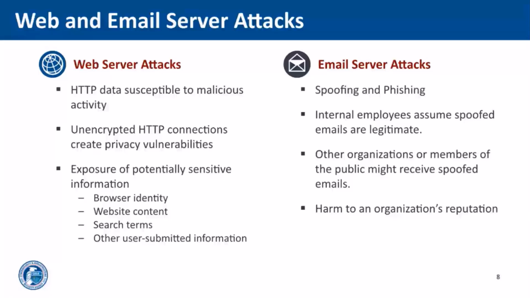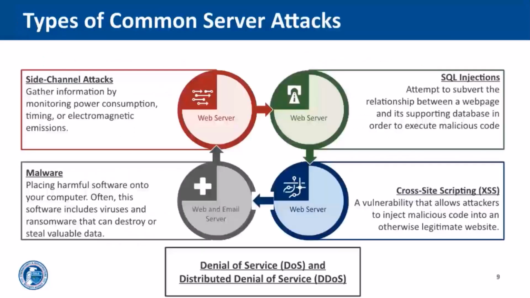All right, excellent. So there are a lot of different server attacks out there, but let's take a look here at some of the most common ones. The common types of web server attacks include things like side channel attacks, SQL injection, malware, cross-site scripting, all those types of things.